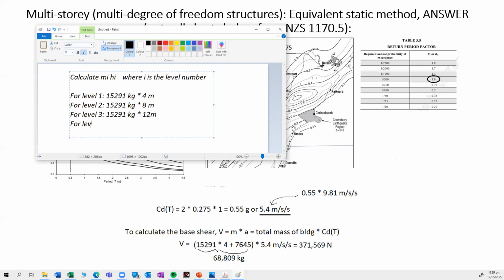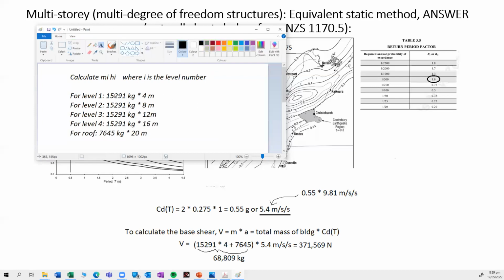For level 4, same thing, 16 meters, and then for the roof, you've got 7645 kg times 20 meters. Is that correct, guys? It's Mi times Hi.